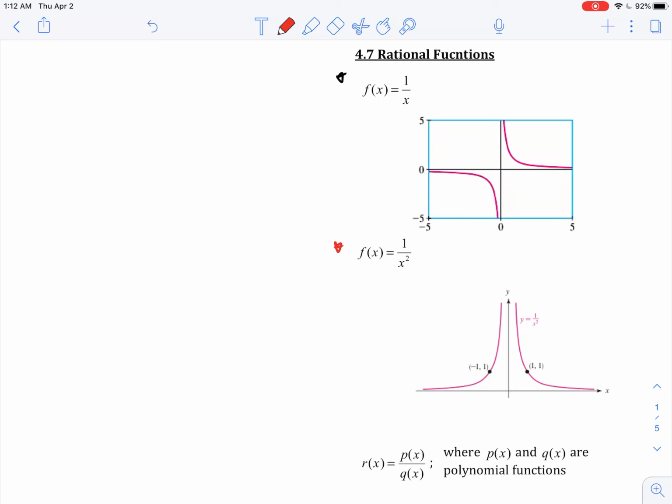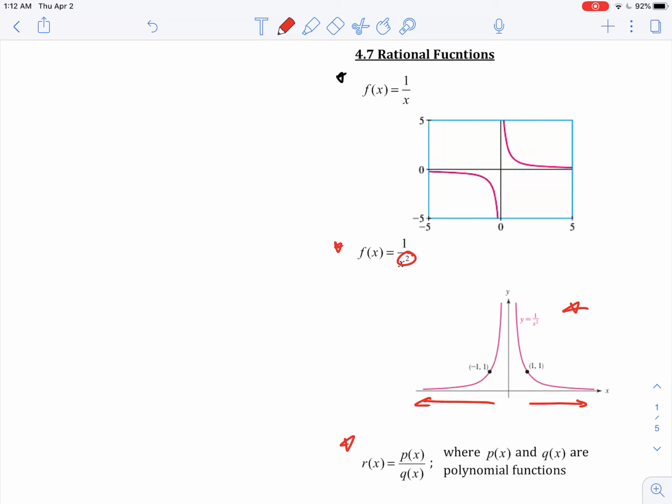The only difference in that graph is both sections of the graph are up in quadrants 1 and 2, because regardless of whether we plug in positive or negative values for x, since we're squaring that, our output is always going to be positive, which causes our graph to be above the x-axis.